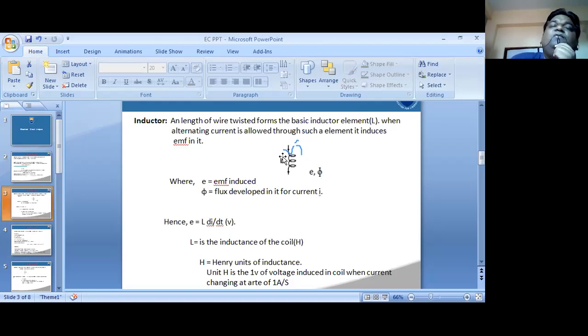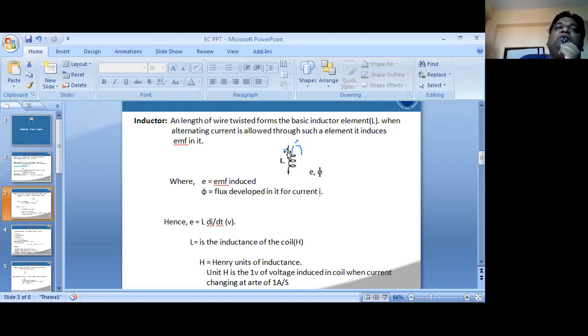If an inductor has any sort of resistance, then it is no more a non-dissipative element. Definitely there will be some loss of energy. Then that inductor element is called a commercial inductor element. So the difference is that a pure inductor element has zero resistance, while a commercial inductor element has some resistance.